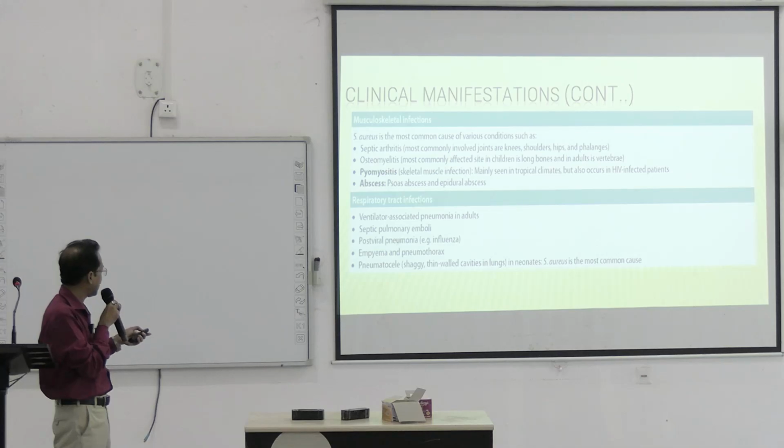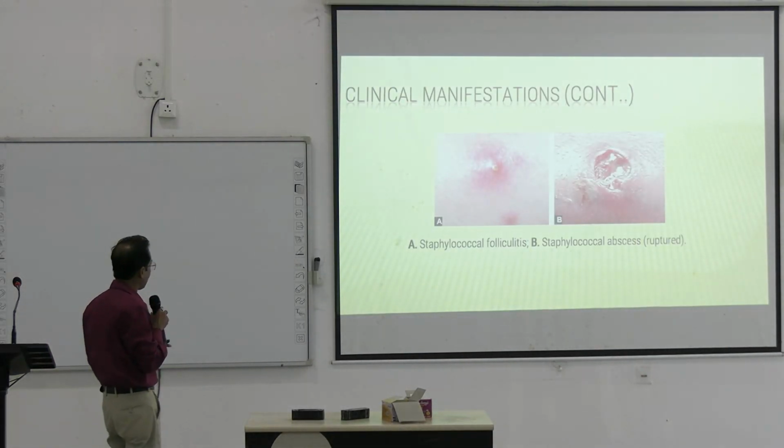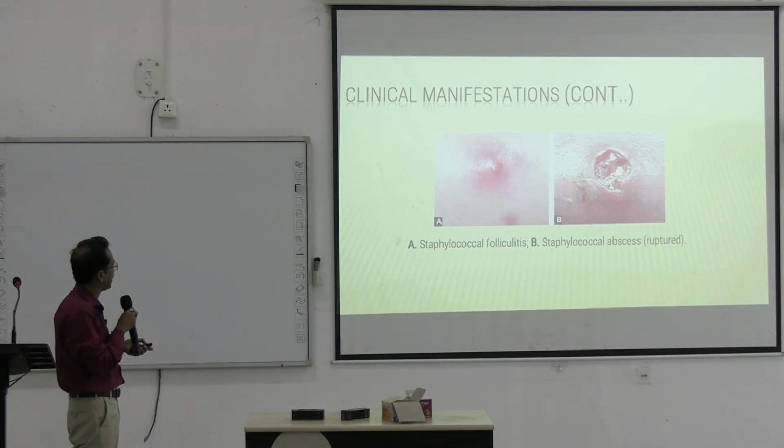Now, septic arthritis, osteomyelitis, pyomyositis, abscess can occur. Respiratory tract infection, VAP, post-viral pneumonia, empyema, and pneumatocele. Now, this is a picture of staphylococcal folliculitis and staphylococcal abscess. The size matters.